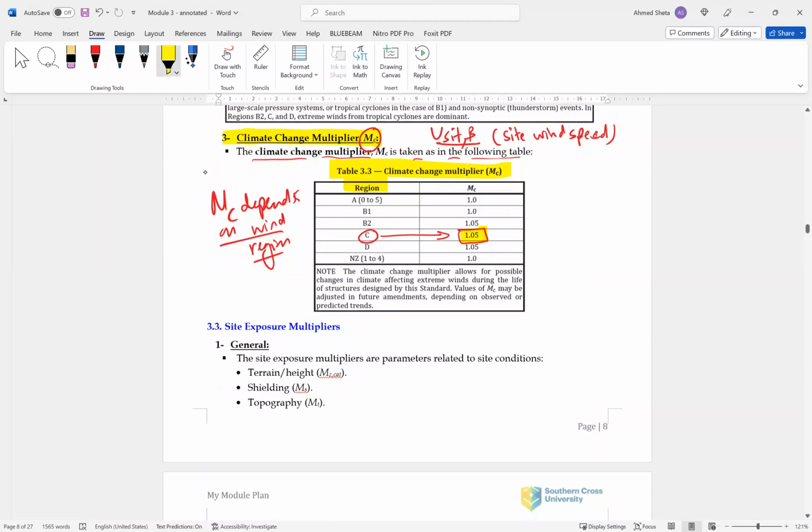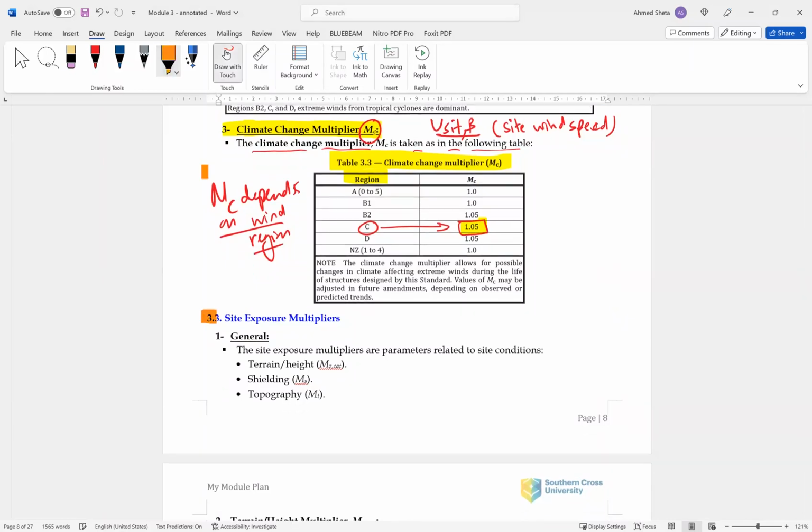The third topic in our lecture today is the site exposure multipliers. In general, the site exposure multipliers are parameters related to the site condition.